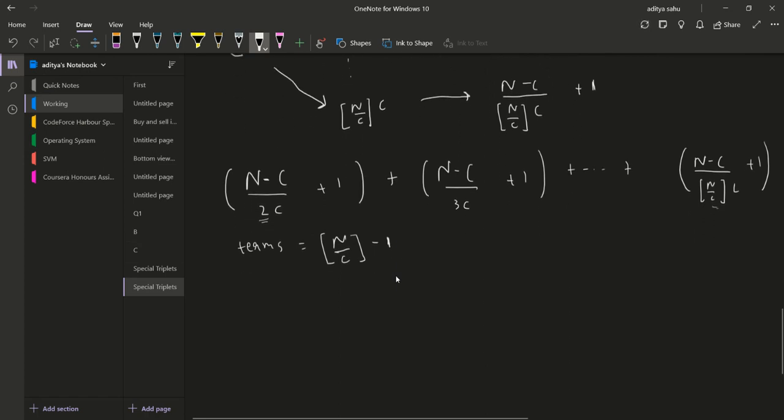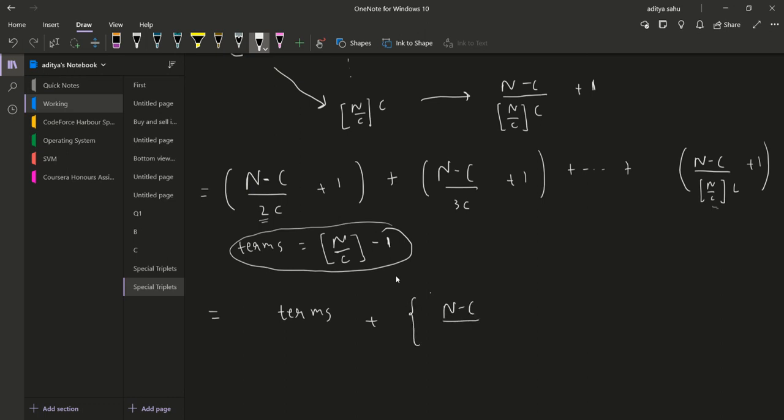Let me rewrite this equation. We can carry the 1 terms in each of these expressions outside, and that will be just the count of terms. Let me write k for this expression. Since I used k before, it can create some confusion, so let me just write it as is.